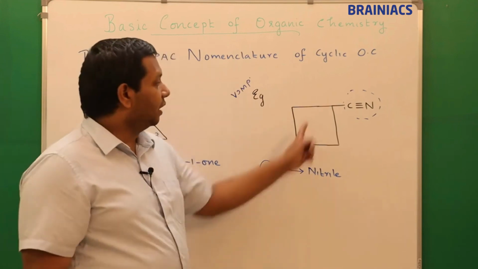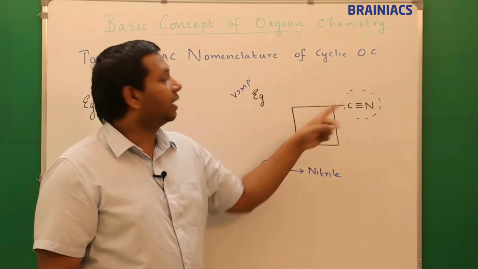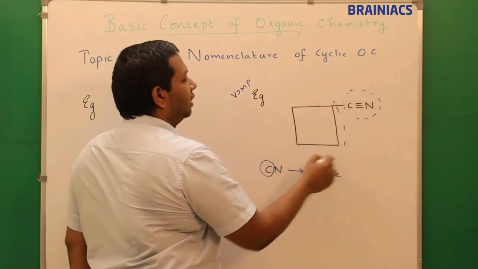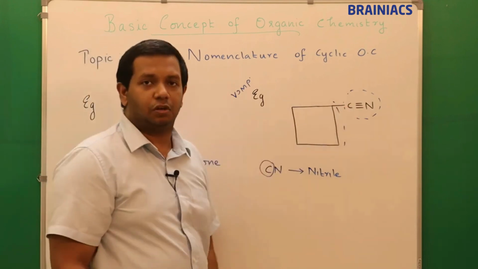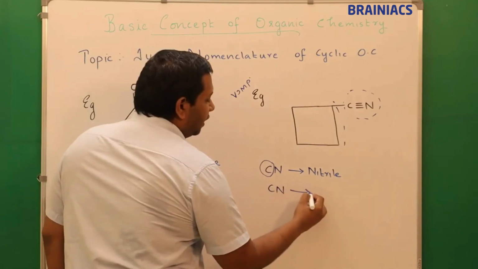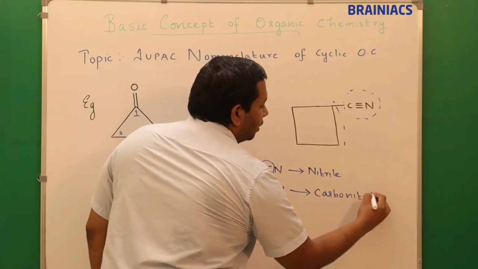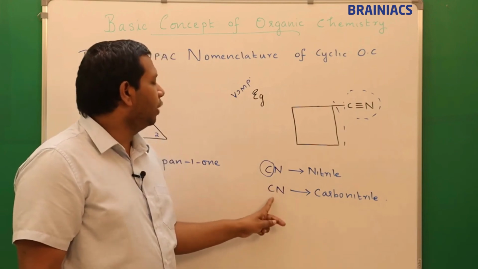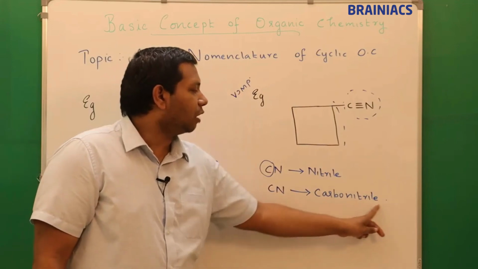But in certain special cases like this, where you cannot include this in the parent carbon chain, and we cannot even make a parent carbon chain from here, in that case we take the ring as my parent carbon chain, but without the carbon containing functional group. In that case, they have told very clearly, we use the term carbonitrile. And the logic behind it, the carbo, is because this carbon is not included in the parent carbon chain. That's the reason why they coined the term carbonitrile.